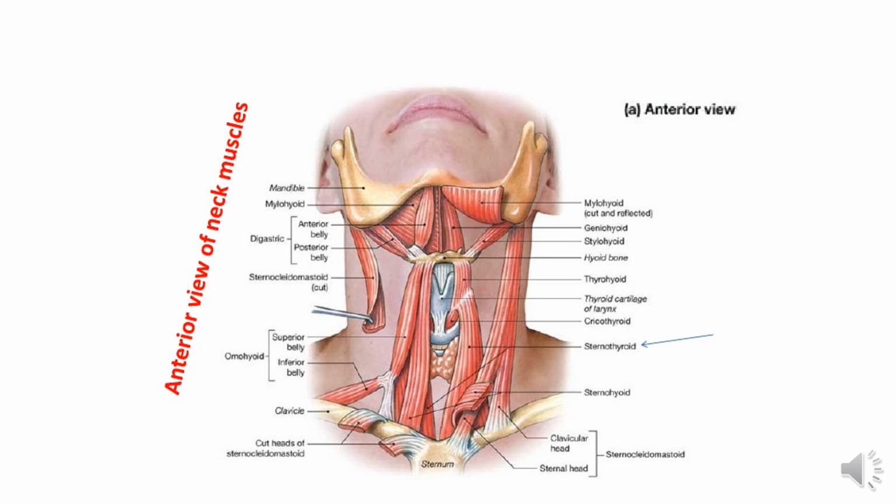Contraction of these muscles elevates the hyoid bone and the laryngeal structure with it during swallowing. They are the geniohyoid, the anterior and posterior bellies of the digastric muscle, mylohyoid and stylohyoid. All of these elevate the hyoid bone and with it the larynx.